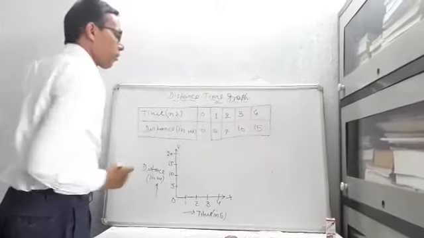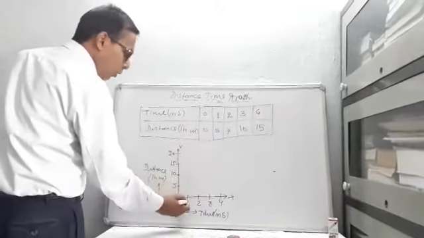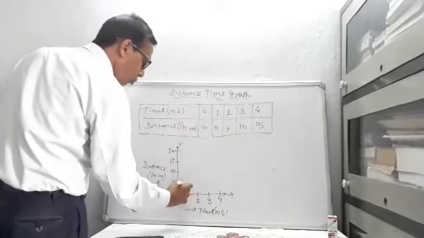15 meter. From this graph, 0 to 0, again in 1 second it travels 5 meters. So here this point.